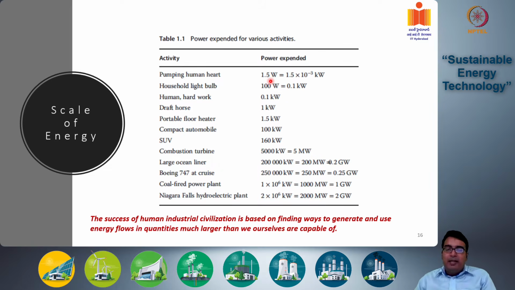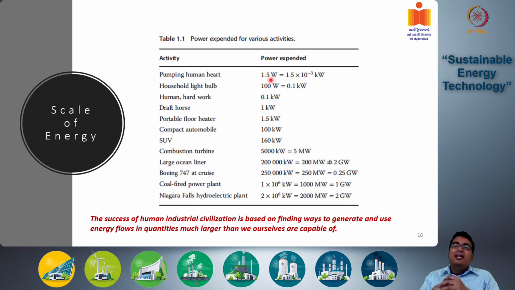Your household light bulb, a typical old style bulb, nowadays of course you have better bulbs which are more energy efficient, typically uses around 100 watts.